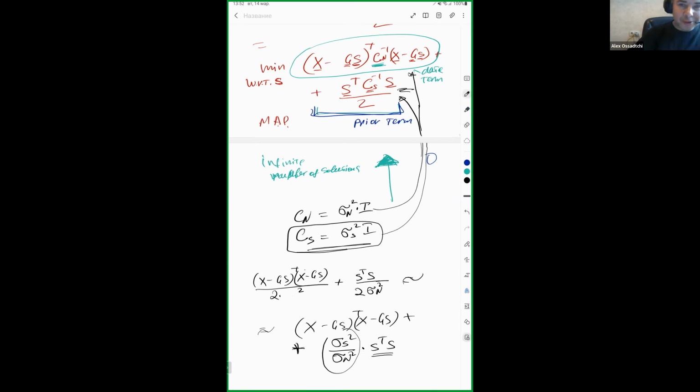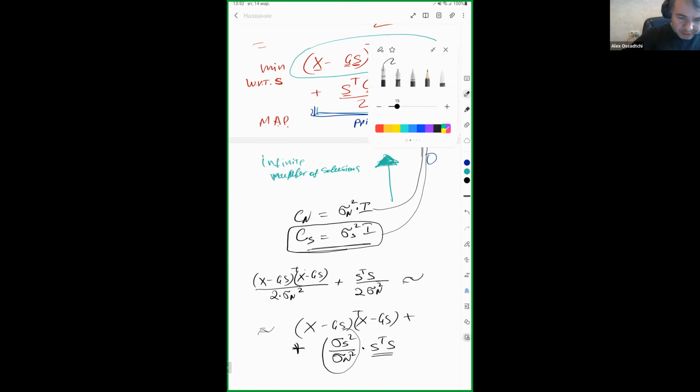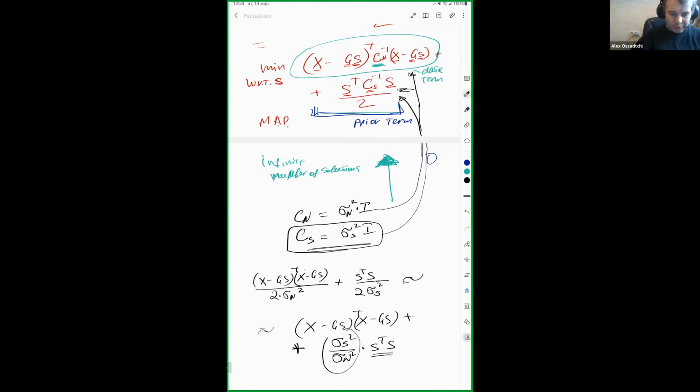It has to be sigma noise here, because it's sigma noise squared there, and this should be S, because that's a prior about S, so I have an inverse here. If you do the whole thing, you get sigma noise squared divided by sigma S squared.